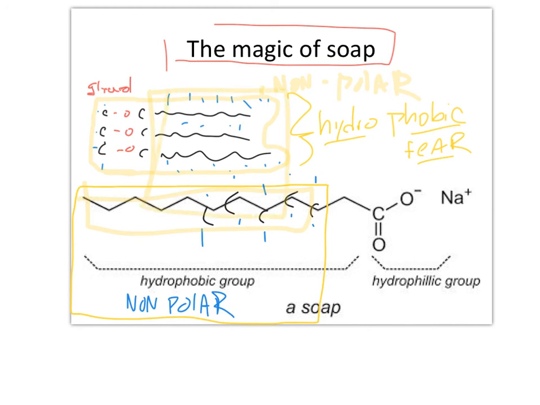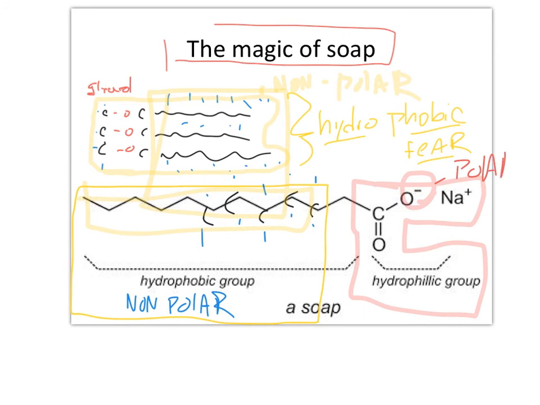However, take a look at this over here. Do you see this charge? Well, when we have a charge, we can safely assume that we have a very polar situation, right?